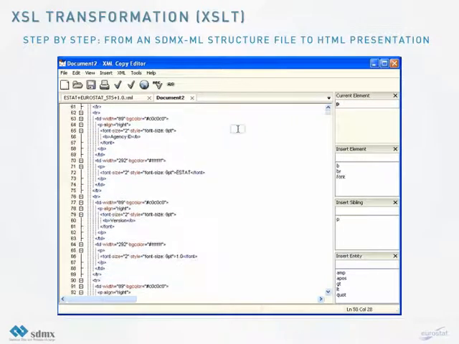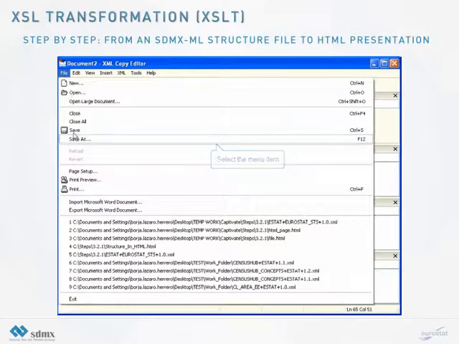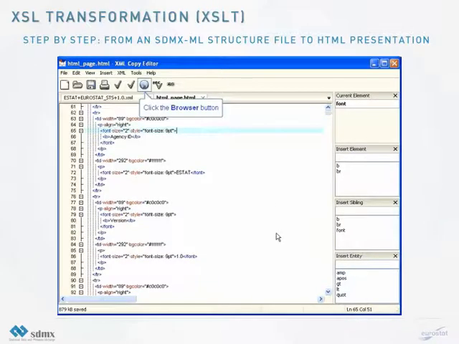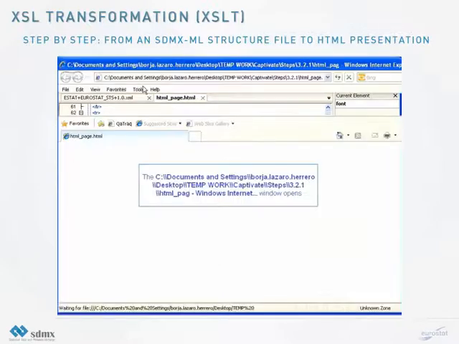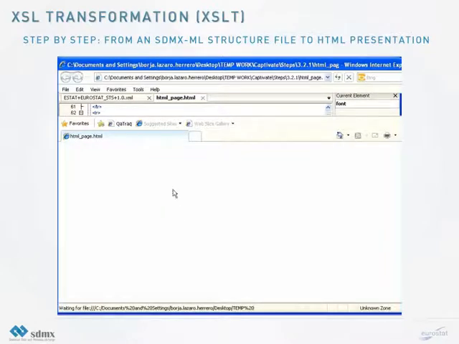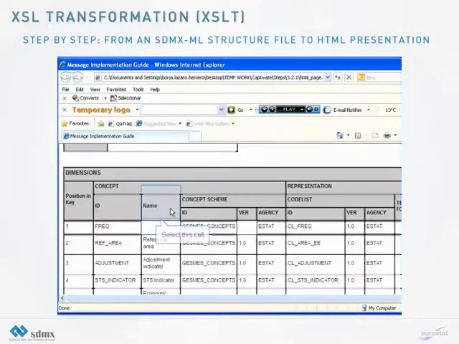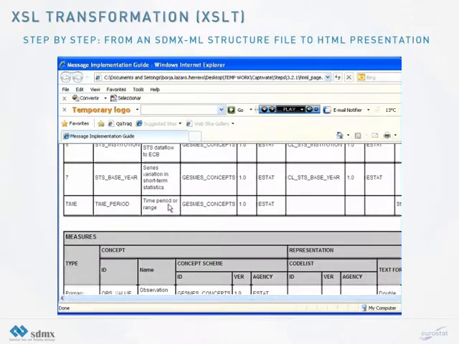We save this new document as an HTML page. Once it is saved, we can open this new HTML file in any HTML browser to see the results. We can access the information of the SDMX-ML structure file in a user-friendly format.